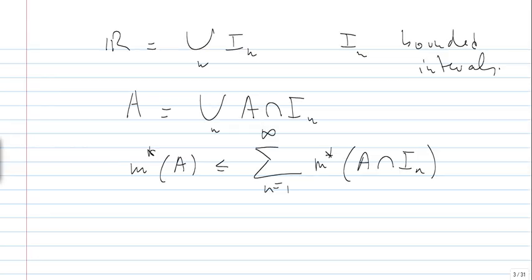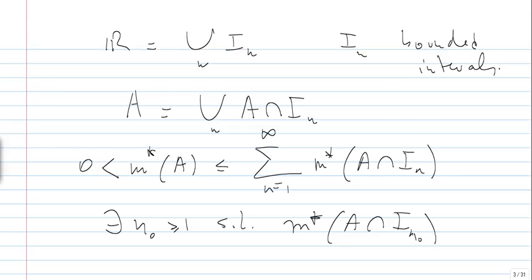Since this is greater than 0, we know that there exists an n0 such that the outer measure of A intersect I_n0 is not equal to 0. Otherwise, if they are all equal to 0, you get that the outer measure of A is 0, and therefore we get our contradiction. So this set is our set B, which is a subset of A, its measure is not equal to 0, and it is bounded because it is a subset of I_n0. That's one way to see it.